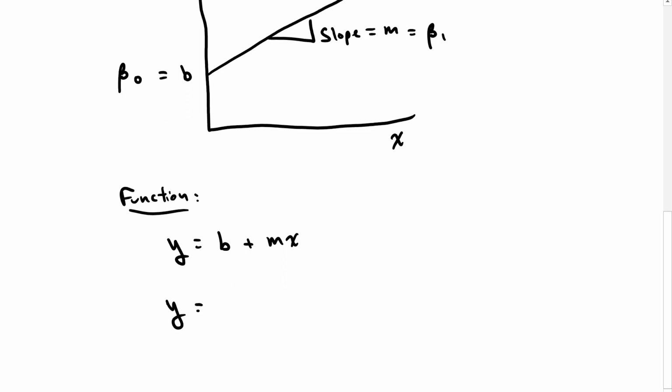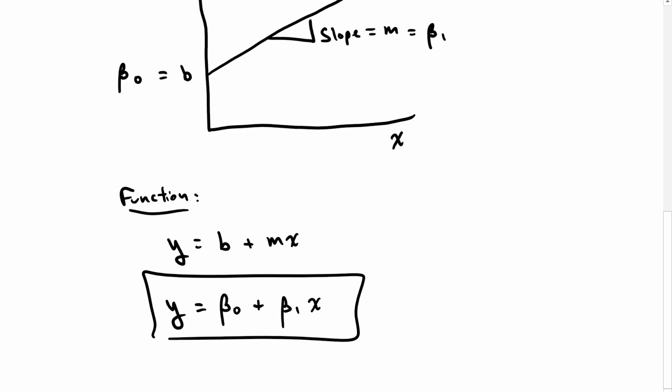How we're going to be thinking about it in econometric notation is beta 0, capital beta, plus beta 1 times x. And this is a simple linear equation, very common to do, the most basic ordinary least squares regression.